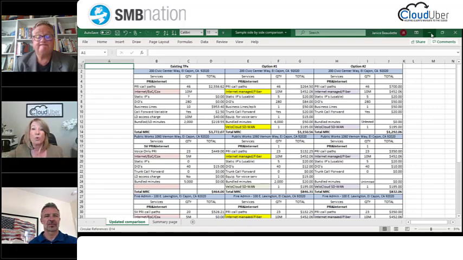Then we organize it into an Excel spreadsheet and present it to our clients with a side-by-side comparison showing them their monthly savings, their annual savings, and a percentage of savings.